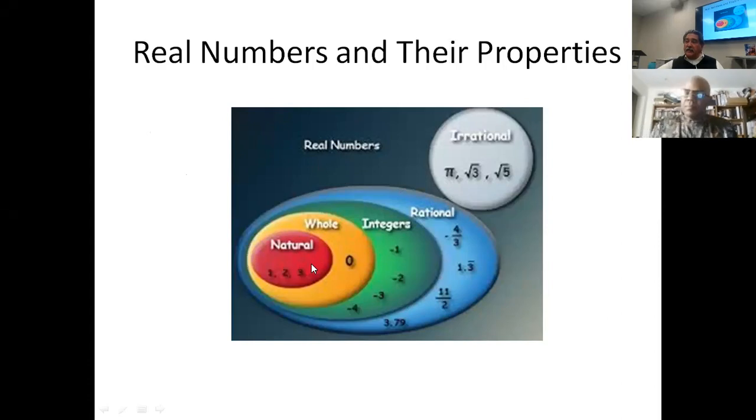Remember, first we talked about the natural numbers, the counting numbers, 1, 2, 3, 4, 5, and so on. Then we talked about the whole numbers. You add 0, it became the whole numbers. Then we talked about integers. We added the negative integers, okay? And then we talked about the rational numbers and the irrational numbers. These two form the real numbers.